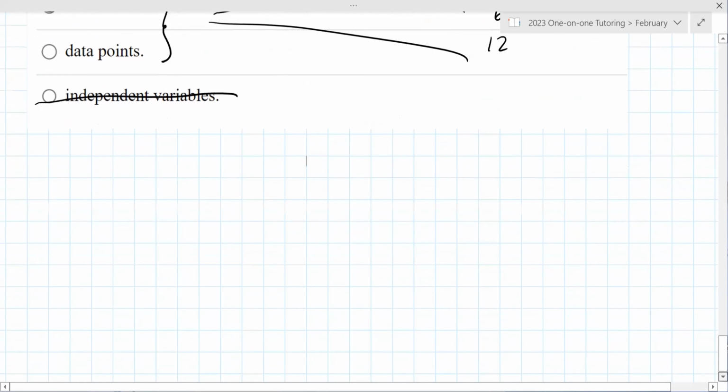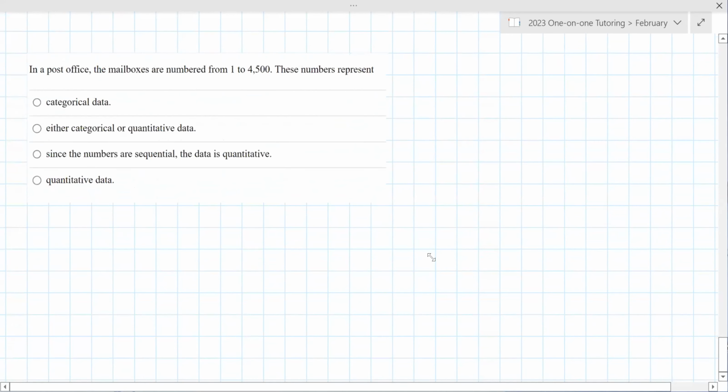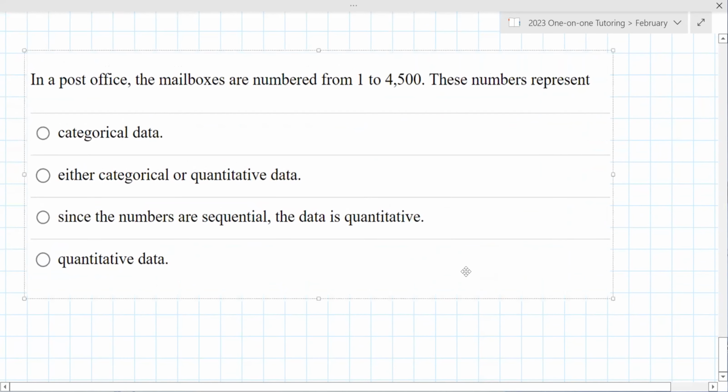Oh boy, another one of these sort of gray zone questions. In a post office, the mailboxes are numbered from 1 to 4,500. Okay. So the issue here, like jerseys are a better example. If you wear a jersey when you're playing a sport, and that number on the back of the jersey is only used as an identifier, it has no numerical significance.